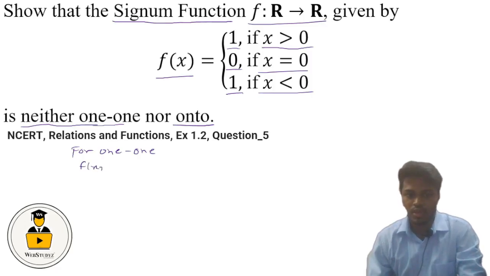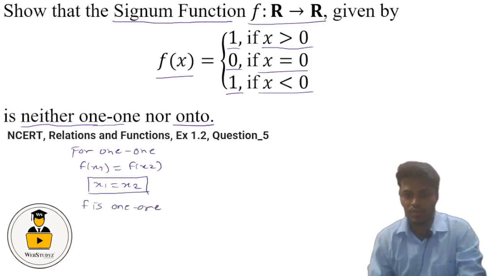Suppose we take f of x1 and f of x2, and if we assume them to be equal, then if we get the condition that x1 equals x2, we can say that f is a 1-1 function.